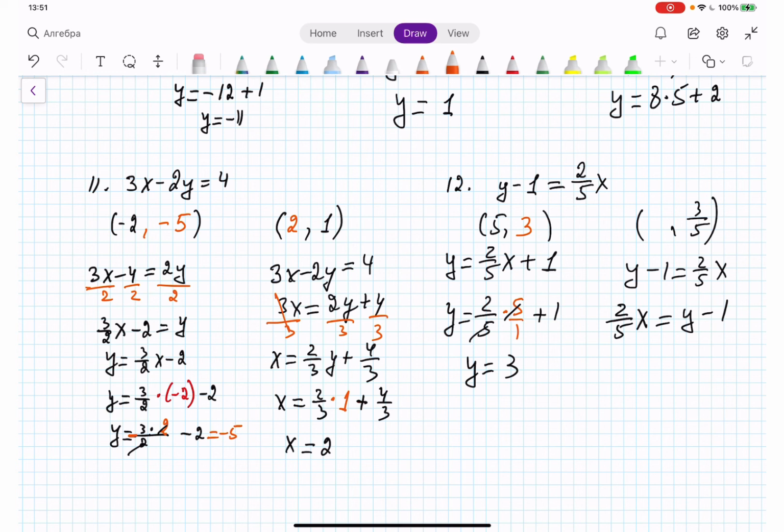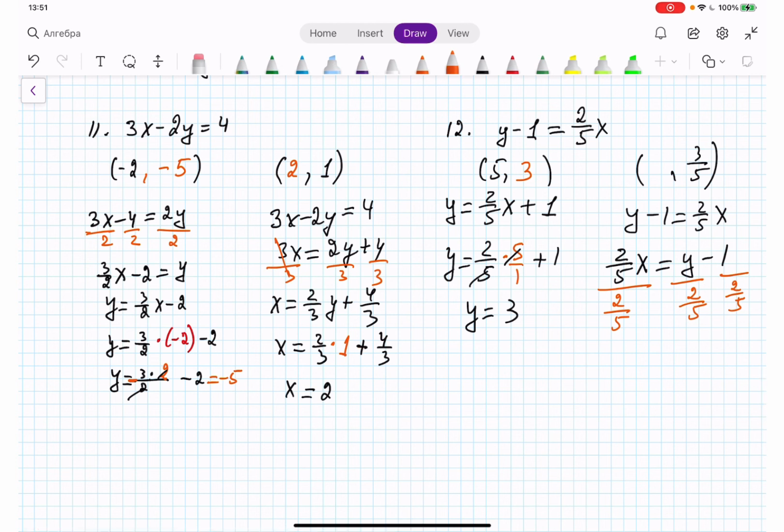Since you haven't learned it yet, let me go an easier way. We divide by 2/5. Or I'll show you both ways and you decide. I think we did it already, but anyway, we do both ways. It doesn't matter.